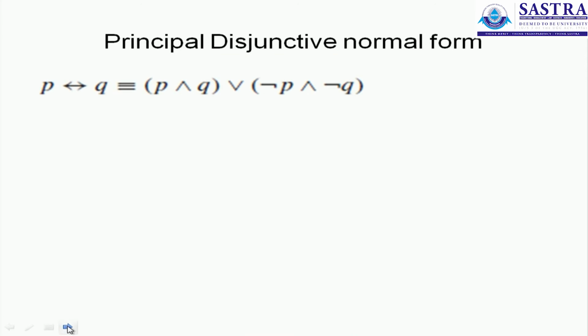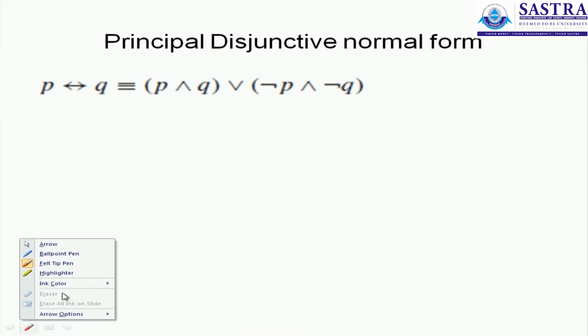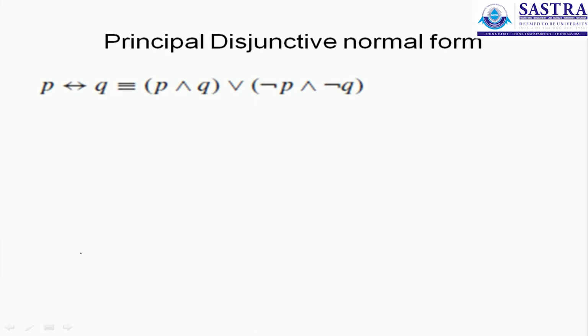We'll have a look at an example. What happens here is I've tried to express the biconditional in its principal disjunctive normal form. Now the biconditional is a compound statement. You're combining P and Q using the biconditional. Now, can you express the same biconditional in its PDNF expression form?